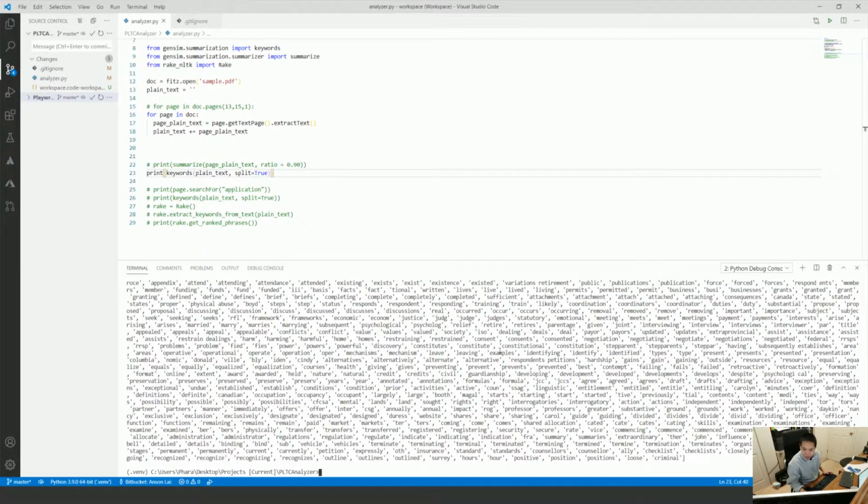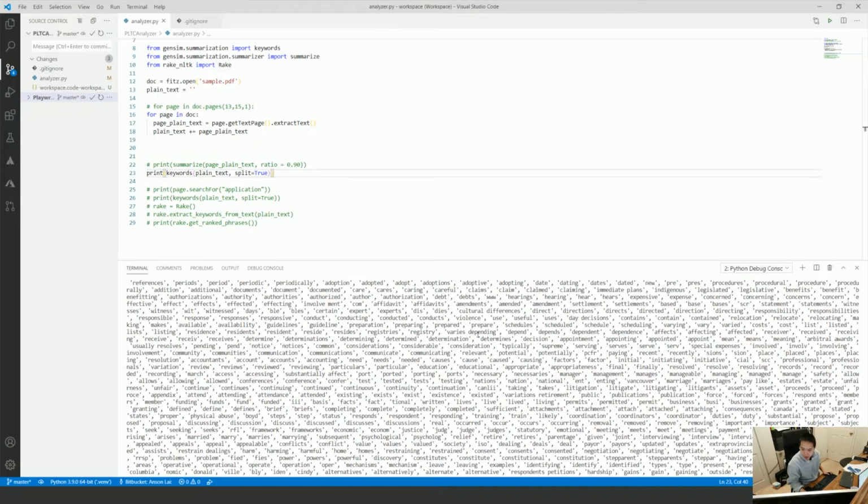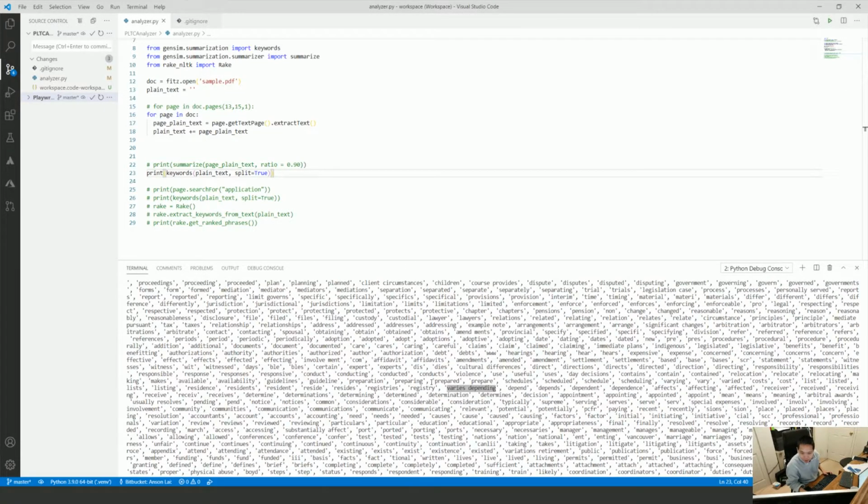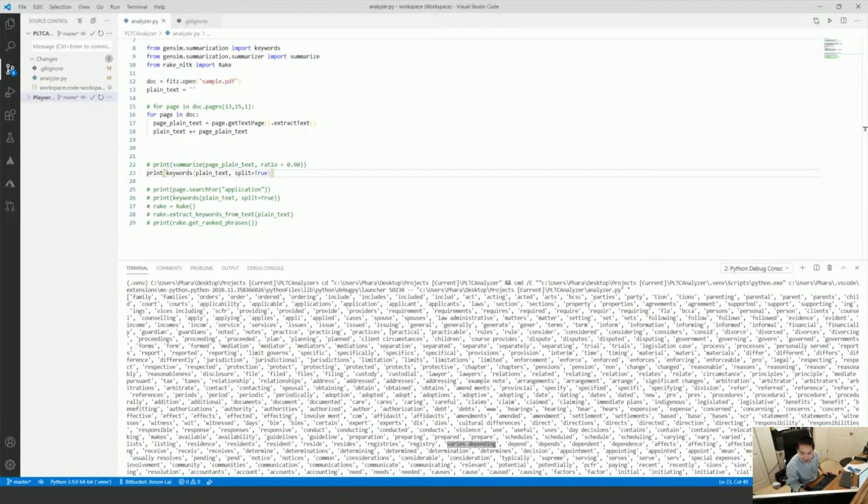They've gotten better, definitely, but I'm missing the compound words. Like varies depending is 2 words, but that seems to be the only one I can spot. Sure, there's more, but immediate plans. I'm looking for these 2-word combinations, maybe even 3-word combinations. So I'm gonna fiddle with that.